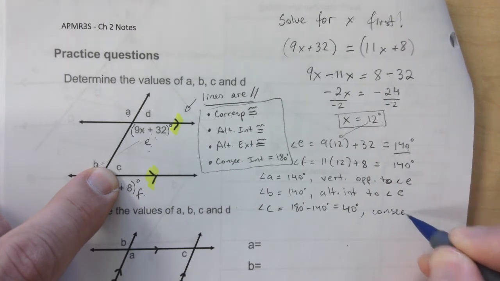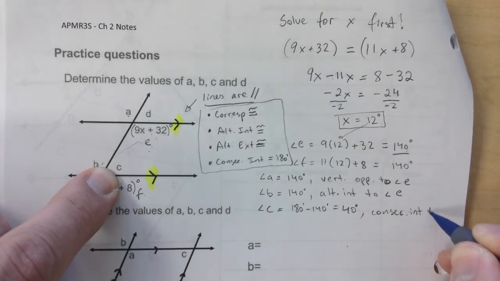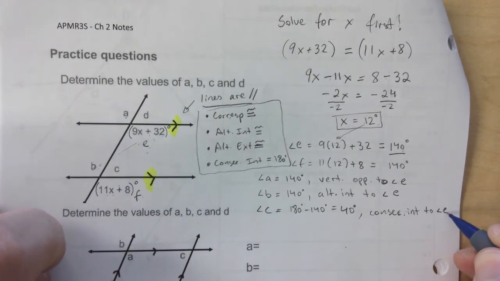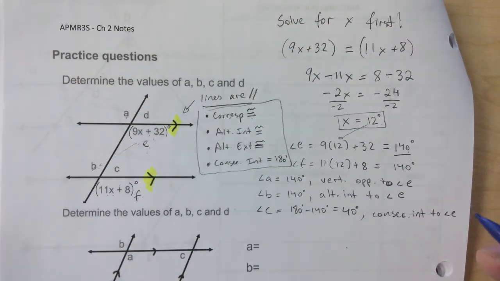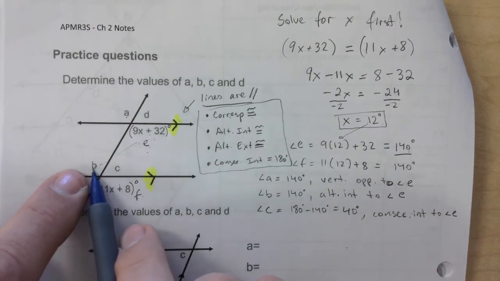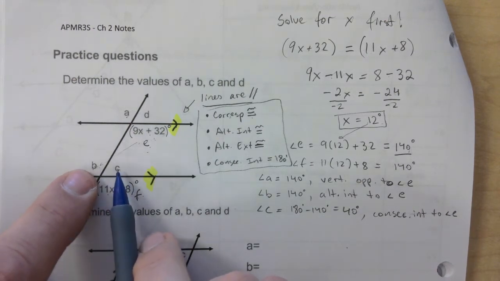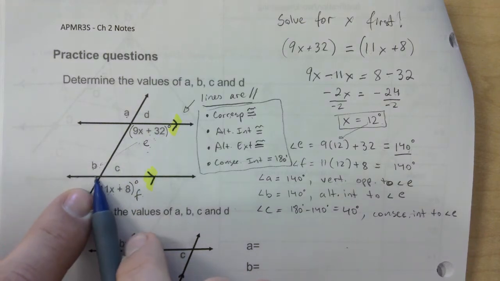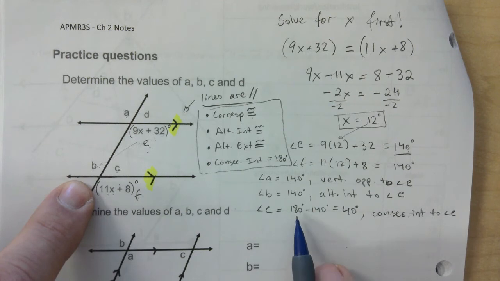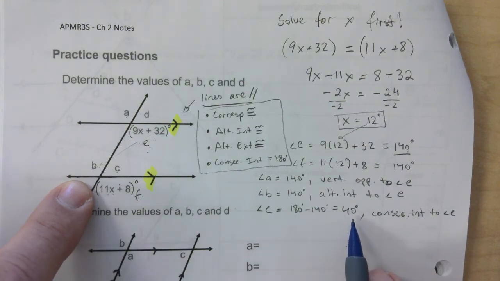Consecutive interior to E. I'm basing everything on E here, as you can tell. I'm traveling out from E all the time. But notice this, C is right next to B. You could also just argue that these are supplementary because they are along a straight line. So B and C are supplementary. So if you went 180 minus 140, you would still get 40.